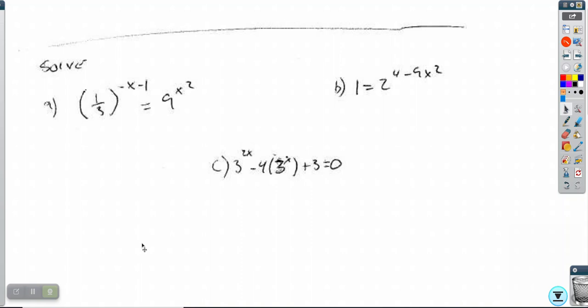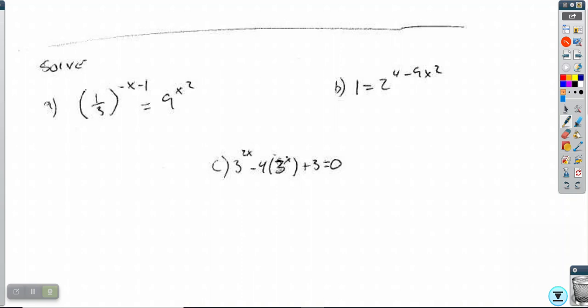So here we go. Looking at question A, we have 1/3 to the negative x minus 1 power is equal to, and this is going to get really funky, 9 to the x squared power. We have power inside of power. For us to be able to solve any of these problems, we're going to have to first get everything in the same base.